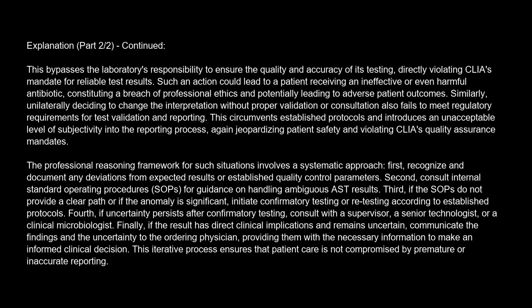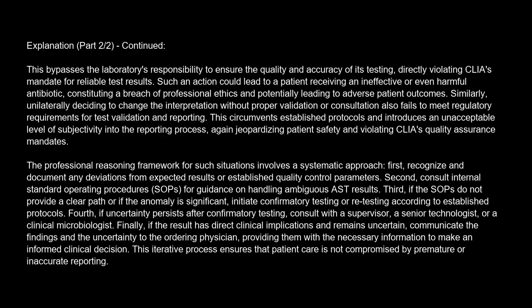The professional reasoning framework for such situations involves a systematic approach. First, recognize and document any deviations from expected results or established quality control parameters. Second, consult internal standard operating procedures, SOP, for guidance on handling ambiguous AST results. Third, if the SOPs do not provide a clear path or if the anomaly is significant, initiate confirmatory testing or retesting according to established protocols.